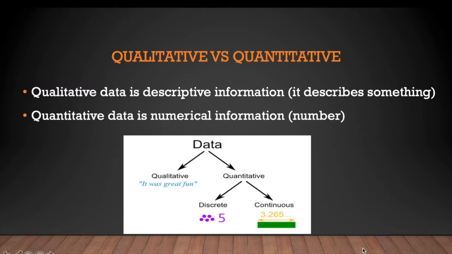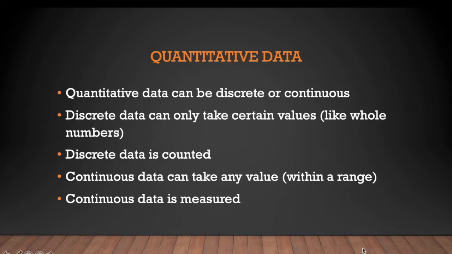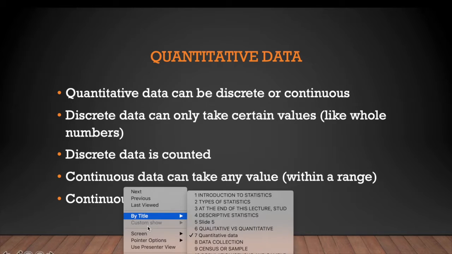So let's move forward to the definition of discrete and continuous. So basically, quantitative data can be discrete or continuous, whereby discrete data can only take certain values like the whole numbers, and by principle, discrete data is counted.